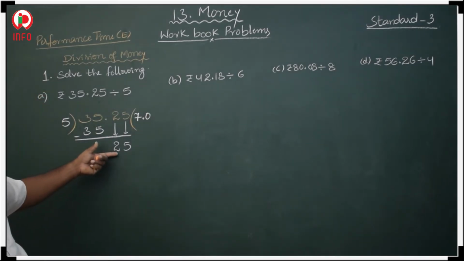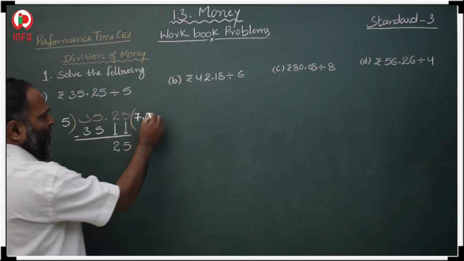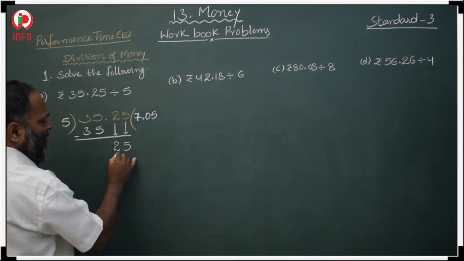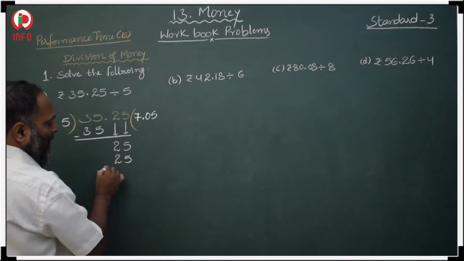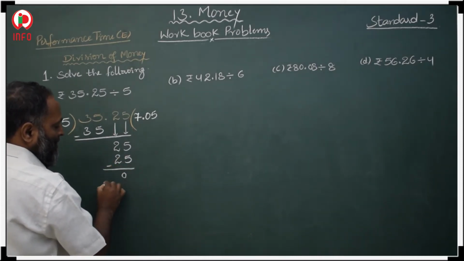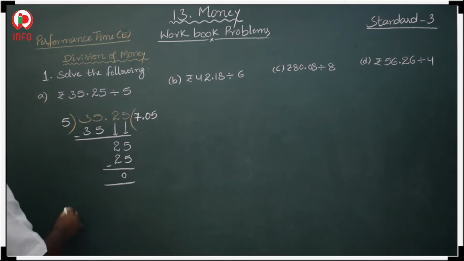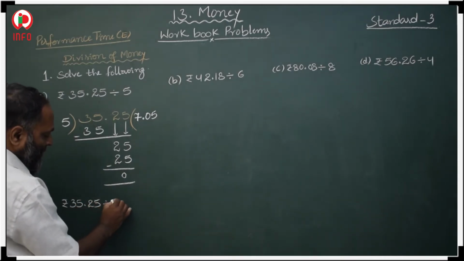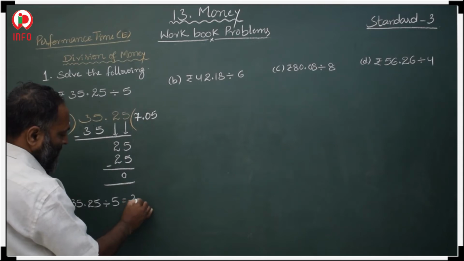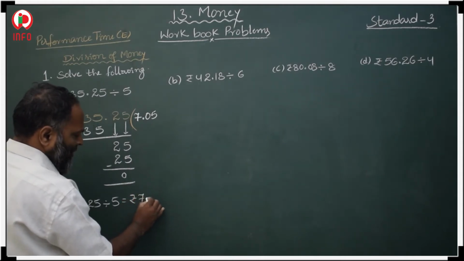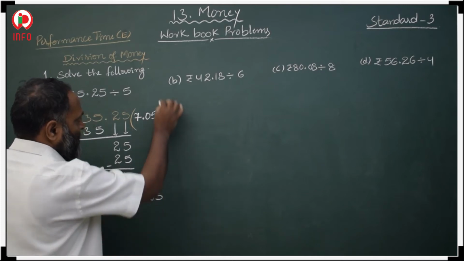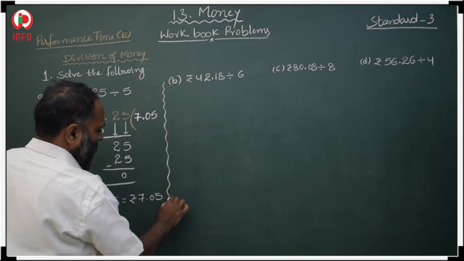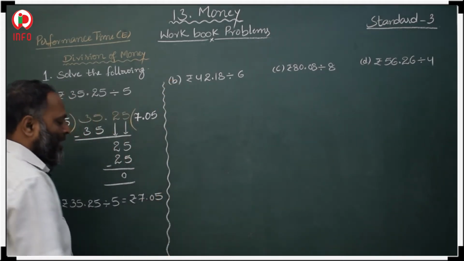Now you check when you will get 25 in 5 table. 5 5s are 25. Then 25 minus 25 is 0. The answer is, if you divide 35 rupees 25 paisa with 5, the answer is 7 rupees 5 paisa. So this is the answer.